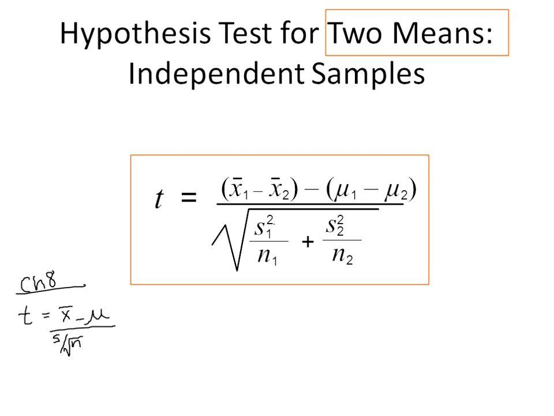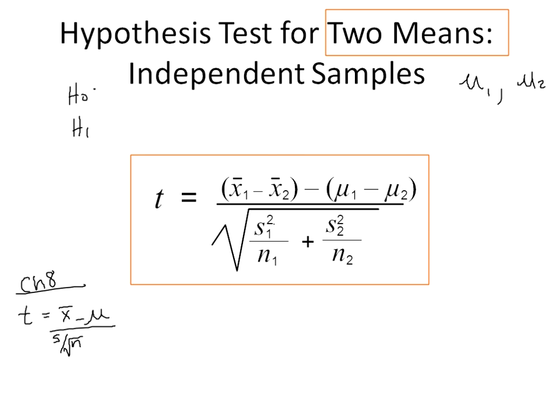Now remember that when we do hypothesis testing, we're always working under the assumption that the null hypothesis is true. So when you set up your null hypothesis, we have the null and we have the alternate. This time we're comparing the two population parameters.